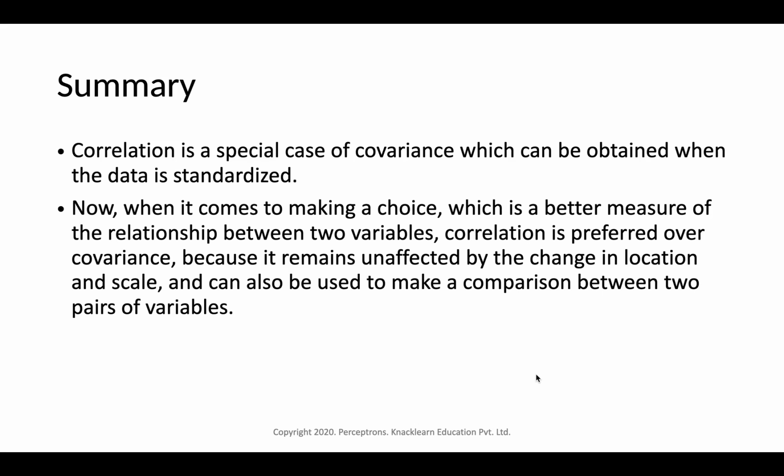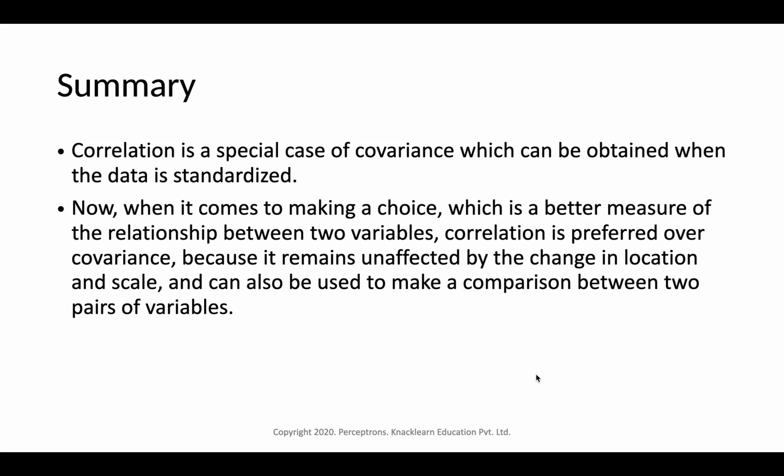To summarize, correlation is a special case of covariance which can be obtained when the data is standardized. Now, when it comes to making a choice, which is the better measure of the relationship between two variables, correlation is preferred over covariance because it remains unaffected by the change in location and scale, and can also be used to make a comparison between two pairs of variables. Correlation is termed a better measure because we can also check the strength, and it is unaffected by the unit.